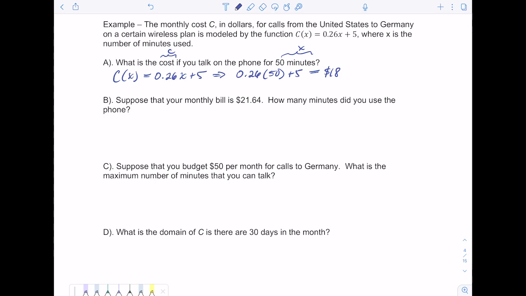Now in letter B, they're giving you the monthly bill, so you're paying $21.64. We want to work backwards and figure out how many minutes you used the phone. So now we have the cost, and we're looking for how many minutes. So we need to find x.